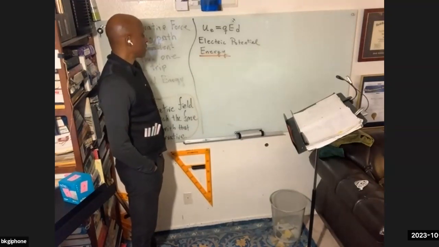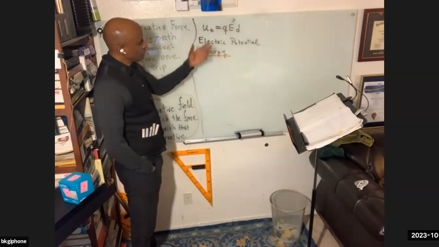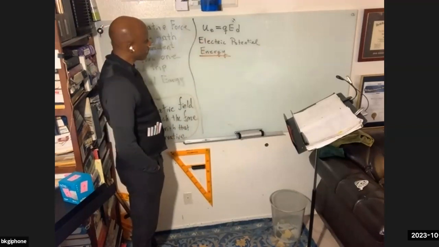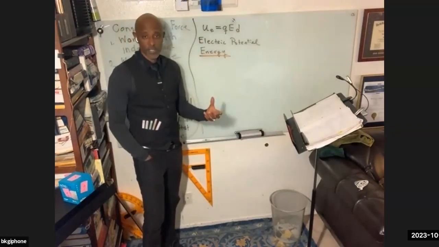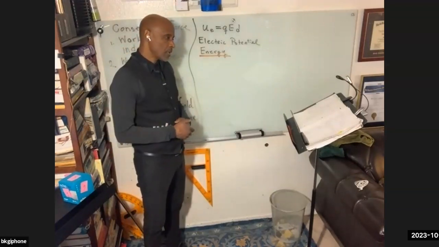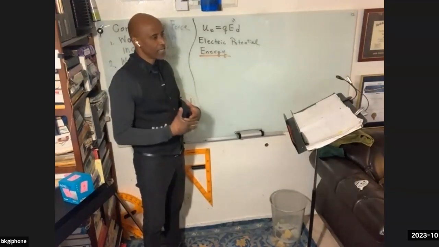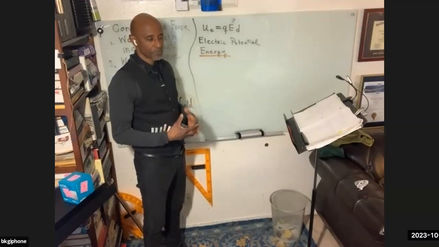I guess the best way that I could describe this is that when we think about potential energy, in the case that I gave you, it was a specific object, and I pick that object up, and so I define the potential energy of that object.